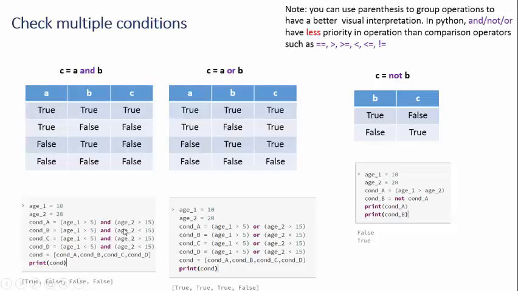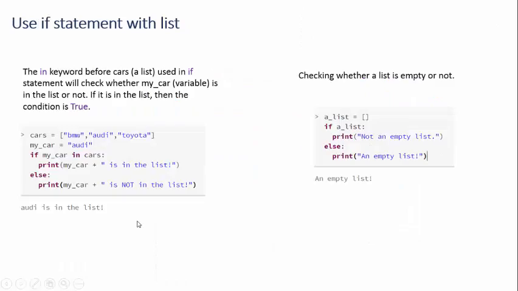But for visual interpretation, it is always better practice to use parentheses to group your operations. When you put parentheses around, it tells the program to evaluate whatever is within the parentheses first, and then compare with the others.